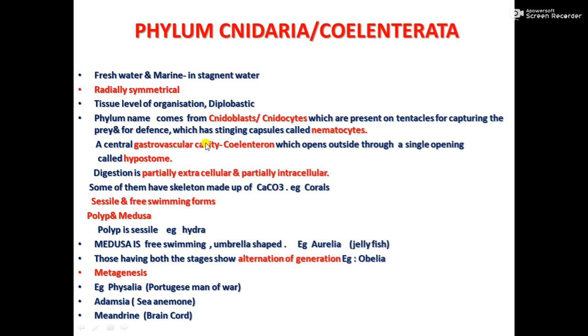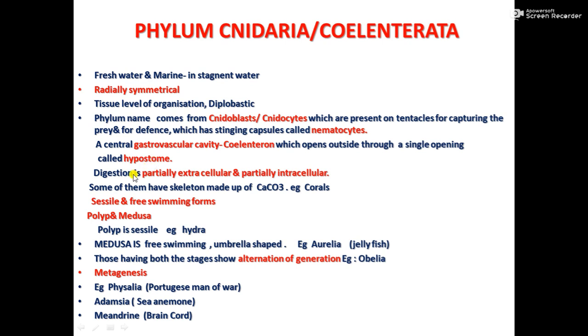They don't have any digestive system or circulatory system, so this cavity serves the purpose. It is called the coelenteron, and the name Coelenterata comes from this term. The coelenteron opens outside through a single opening called a hypostome. In Porifera we learned osculum; here it is called a hypostome.